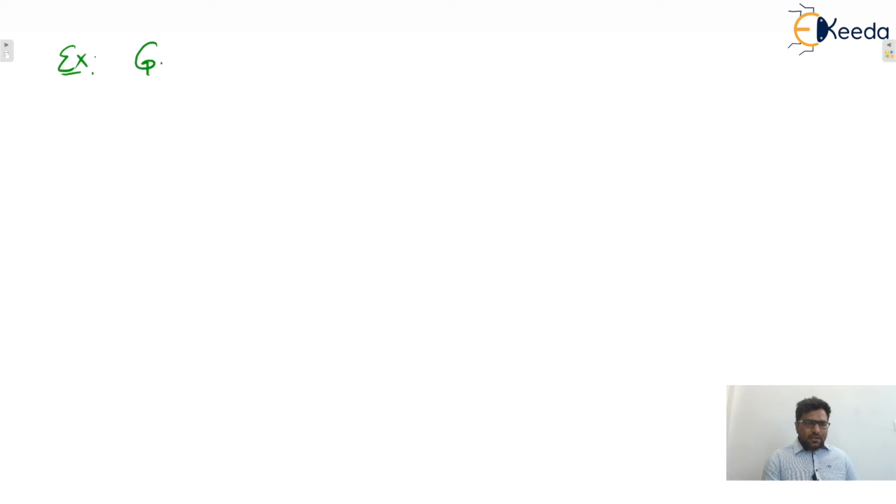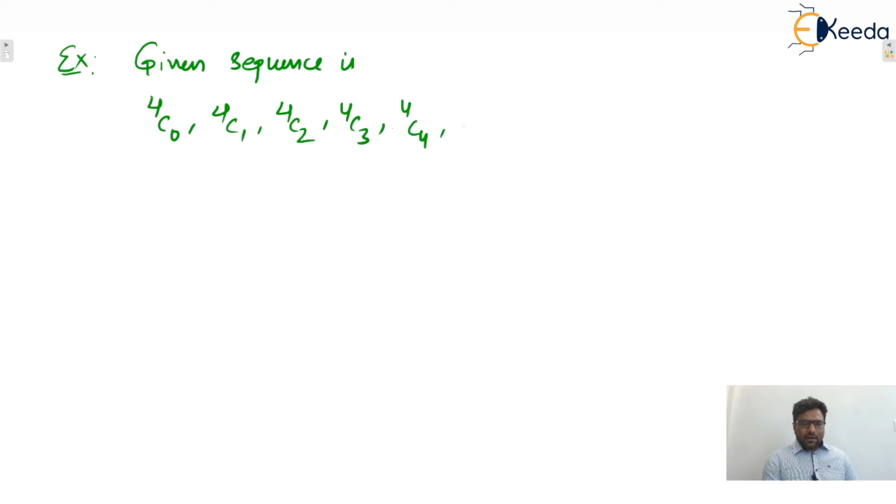Let's say the given sequence is 4C0, then 4C1, then 4C2, then 4C3, then 4C4, and after that everything is 0, 0, 0. Now what will be the generating function? Multiply the first term with x power 0.